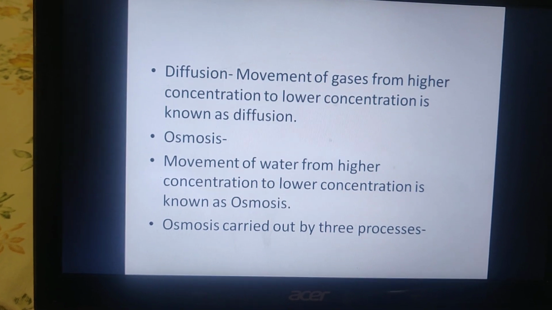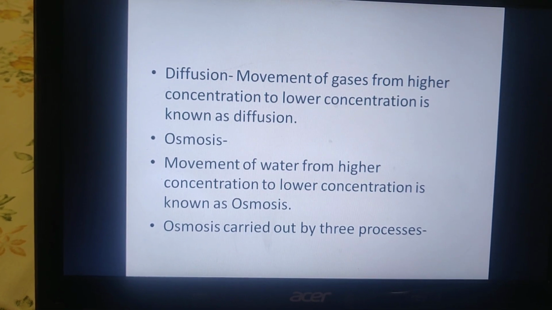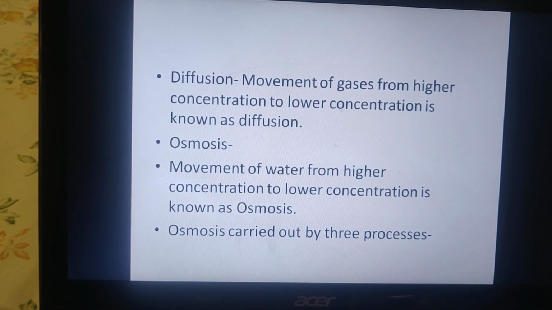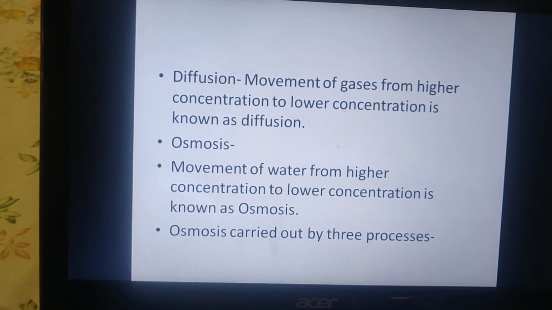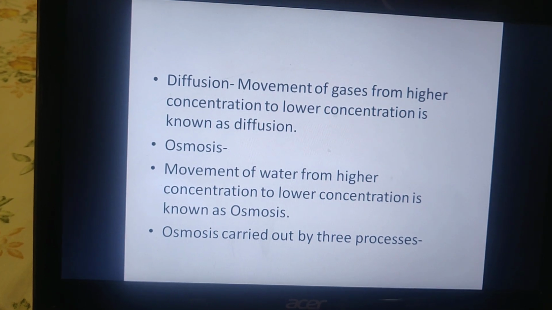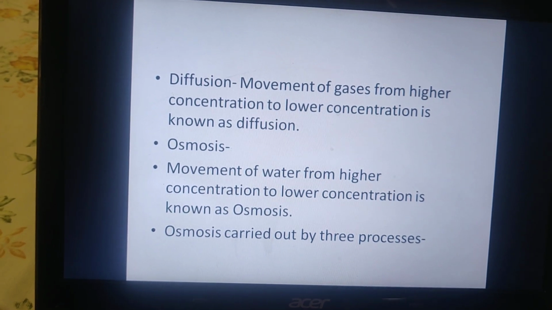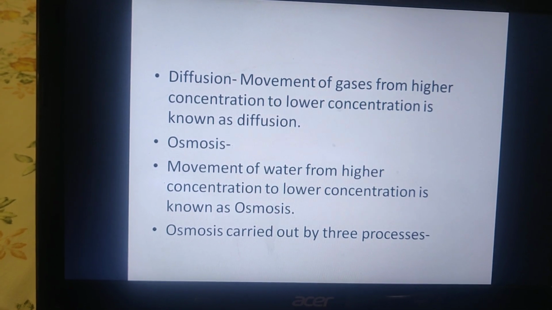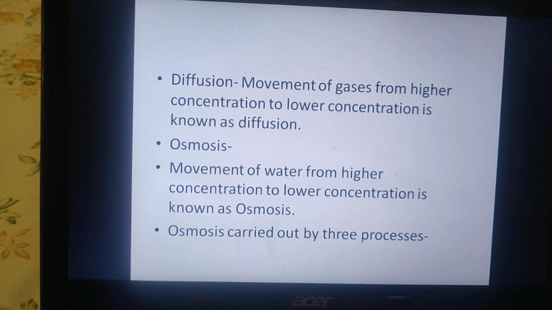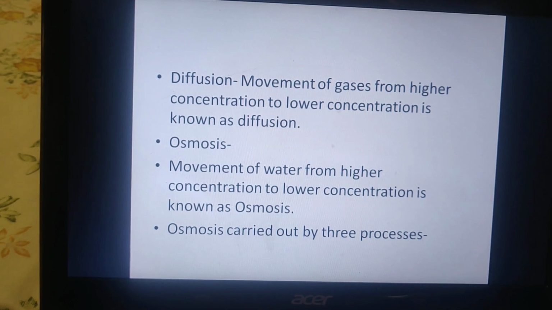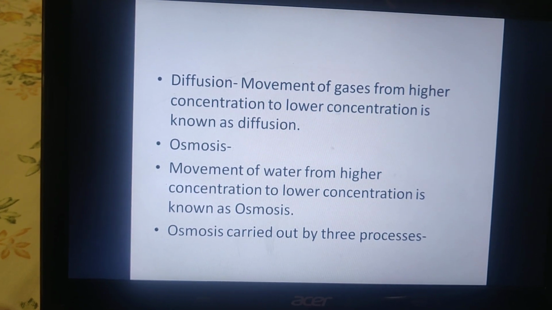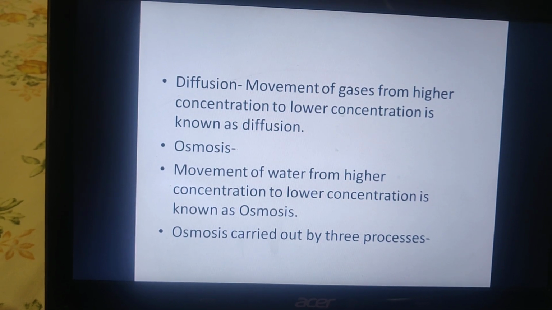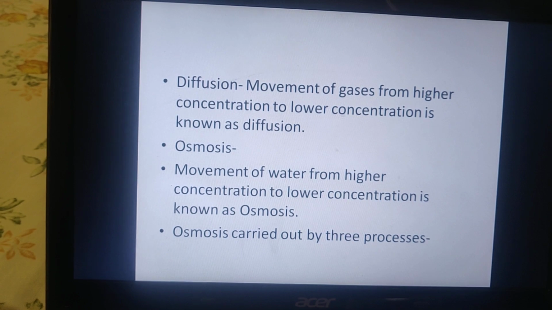As soon as the concentration of CO2 inside the cell is more, it moves from inside to outside, from higher concentration to lower concentration, which is the diffusion process. Similarly, oxygen: when oxygen enters the cell by diffusion, the concentration of oxygen inside the cell decreases.